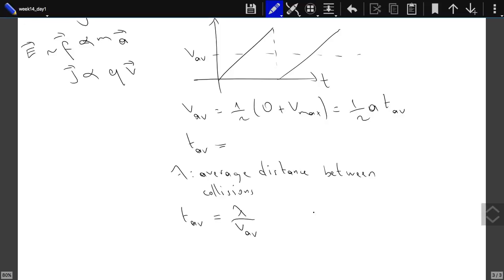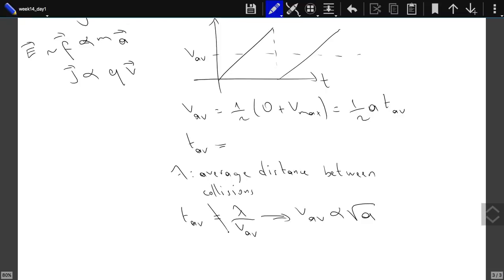Well, if we say so, then we have a problem. V average is proportional to the square root of the acceleration. So again, the velocity is not proportional to the acceleration, which Ohm's law seems to tell us.